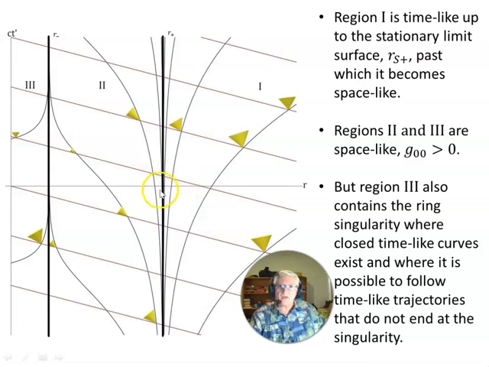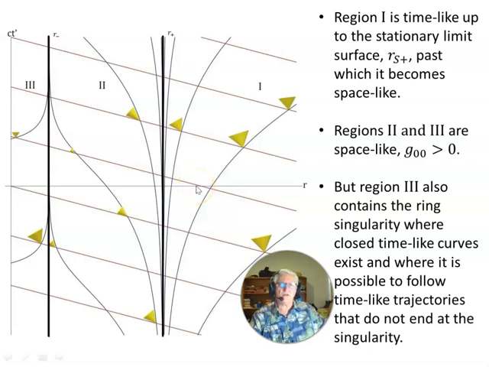For this example here, I've used a billion solar mass black hole with a dimensionless spin parameter of 0.8, and so this will be about 1.6 mu, or 1.6 times GM on c squared, and 2GM on c squared out here somewhere is the edge of the stationary limit surface.